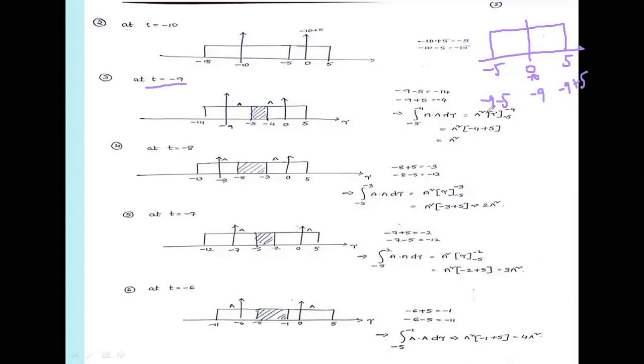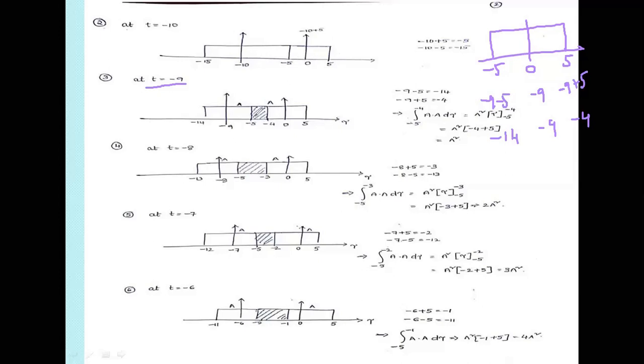All the points you can add with the minus 9. Got it, my students? So minus 9 minus 5 becomes minus 14, and minus 9 plus 5 becomes minus 4. So it moves towards the right side.